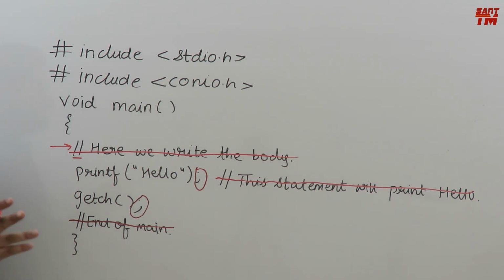That I will tell you. So I hope this is clear to you. I hope you are clear with the concepts of the first C program, all the required explanation I have told you. In the next video we will study how this C program will work in the background.